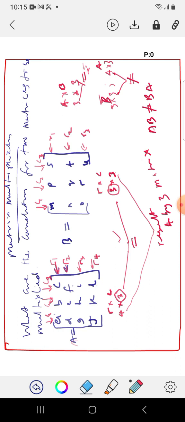Now let me save the page, then we can move on to the next item. All right, now let's talk about the process of multiplication.